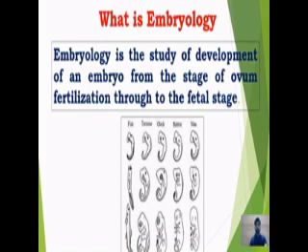After the formation of the full embryo or the fetus, it is known as embryology. In the pictures of the embryo of fish, tortoise, chick, rabbit, and man, the initial stages of the embryo look identical, but as the embryonic process goes on, the structure and shape of the embryo change.